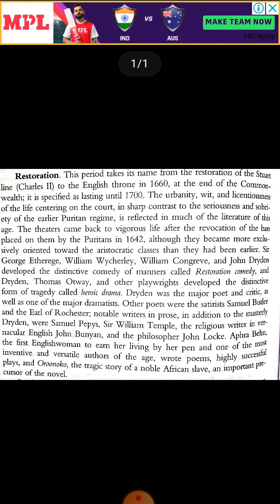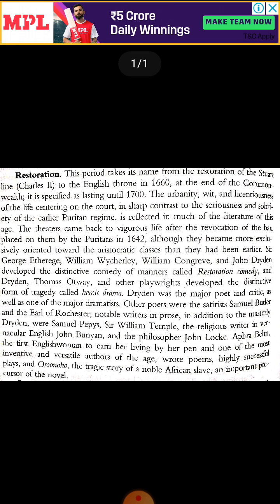And Dryden, Thomas Otway, and other playwrights developed the distinctive form of tragedy called heroic drama. Heroic drama and Restoration comedy, these are two distinctive compositions in English literature, begun during the Restoration period.